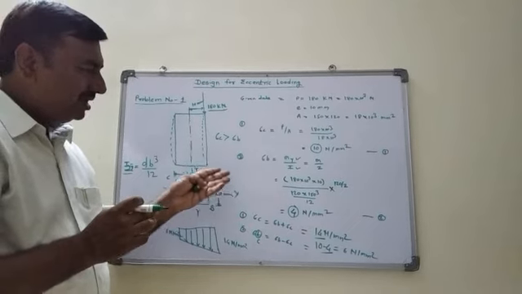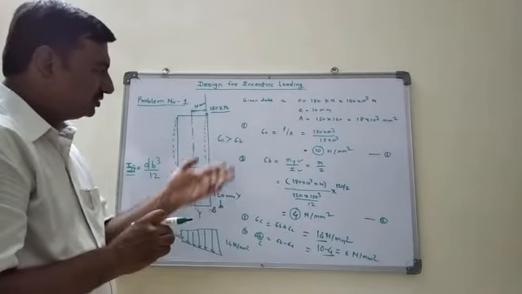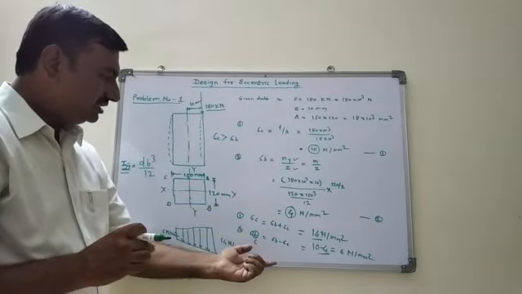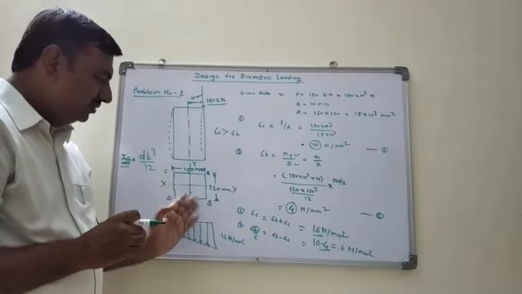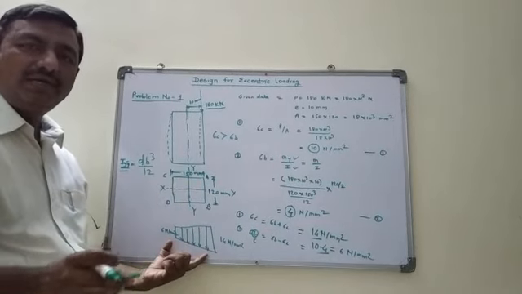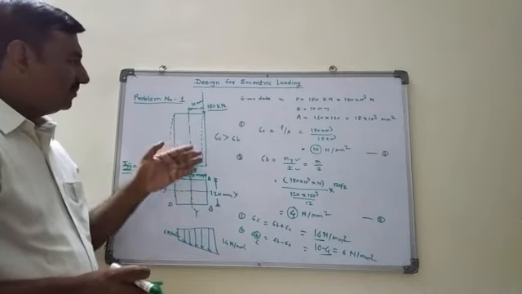This type of problem was already asked in an in-semester exam for 6 marks. So go through this problem and obtain these answers. Finally our aim is to calculate the magnitude at AB and the magnitude at CD, which we calculated here with the help of this problem. So this is problem number 1.